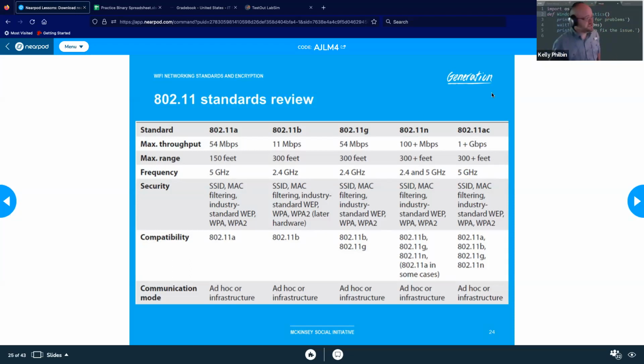The big things you want to pay attention to: the number, throughput. You don't necessarily need to know range. That's more of a Network+ thing, but you do need to know the frequency. And they don't have it on here, but MIMO and MU-MIMO you need to know as well.